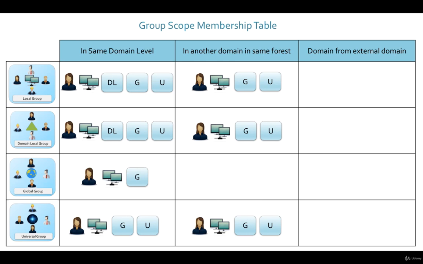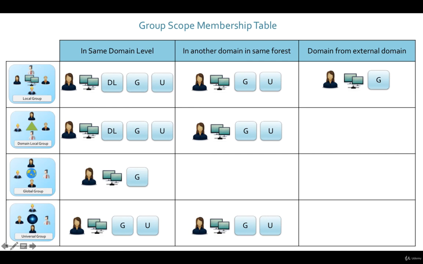Now we'll discuss a domain from an external forest. When a trusted domain is added from another forest, then the group scope membership also changes accordingly. In this scenario, local group can have users, computers, and global groups. Domain local group cannot be added outside of a domain, as we have already discussed earlier.